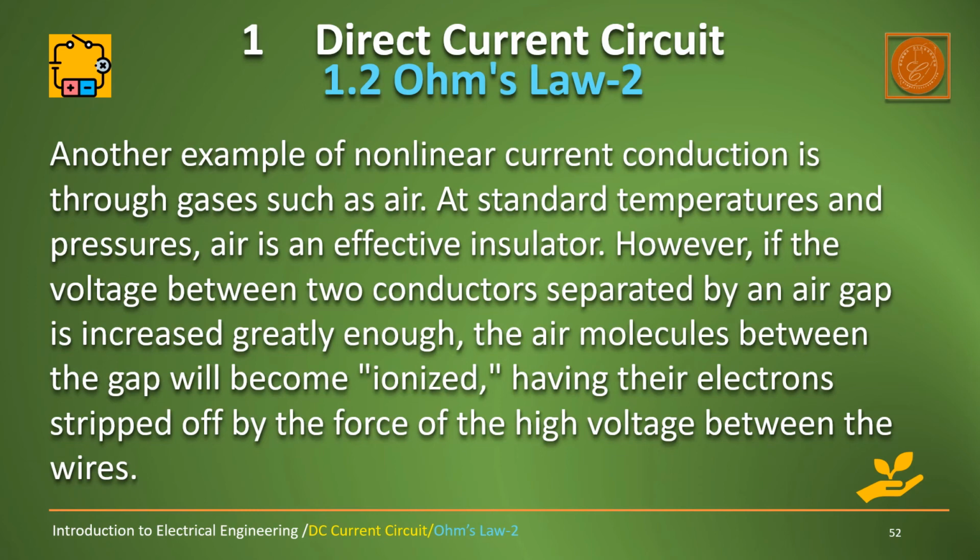However, if the voltage between two conductors separated by an air gap is increased greatly enough, the air molecules between the gap will become ionized, having their electrons stripped off by the force of the high voltage between the wires.